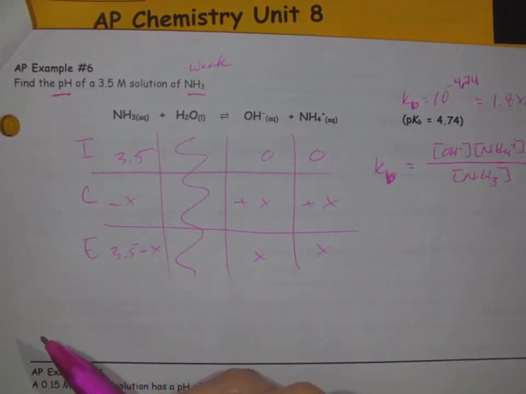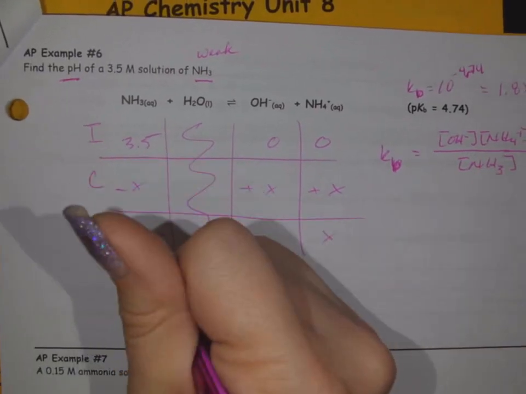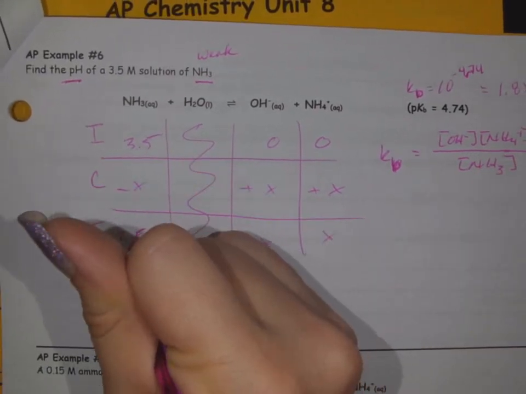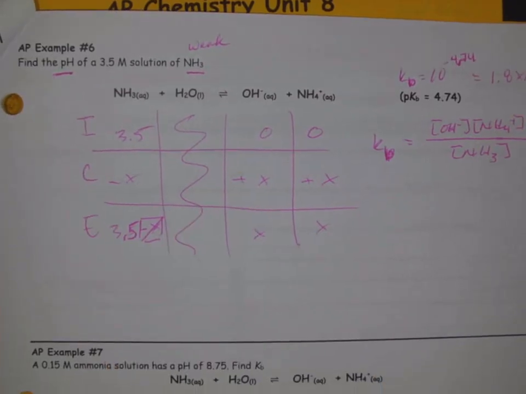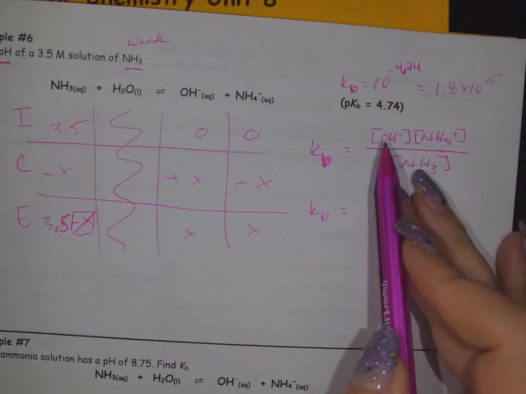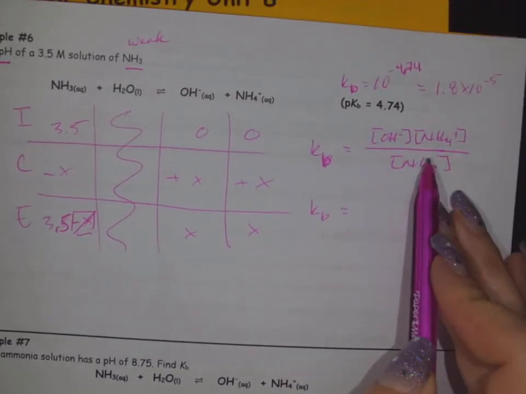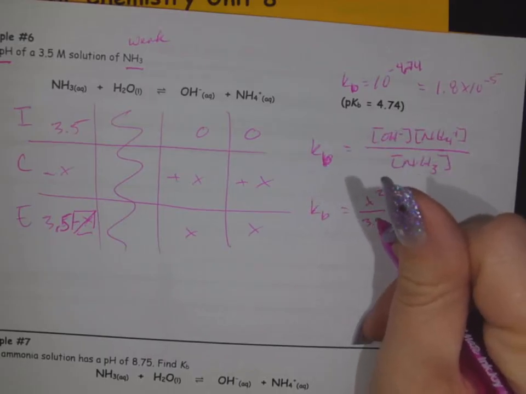Whenever these acids or bases are weak, their Ka or Kb values are going to be small enough that we can make this assumption that we can neglect the little bit that we're subtracting from it. So then, similar to before, we're going to have x times x divided by 3.5. So x squared divided by 3.5.